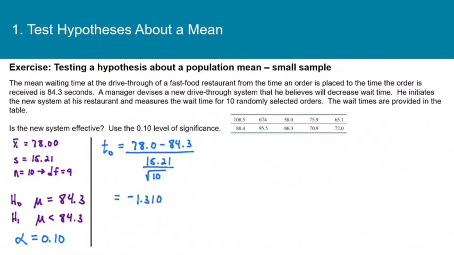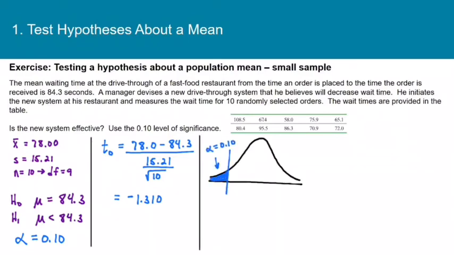And that gives us a test statistic of negative 1.310. Now remember, this is a left-tailed test, so when we draw our normal curve, we will shade the left end, and remember the area in the tail represents alpha. So our alpha is 0.10, and now we need to find the critical value that goes with this area.